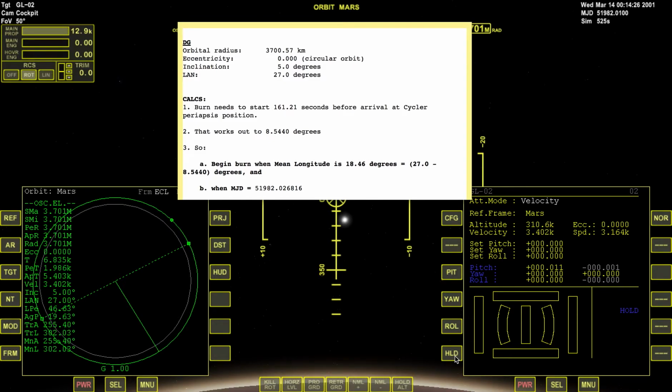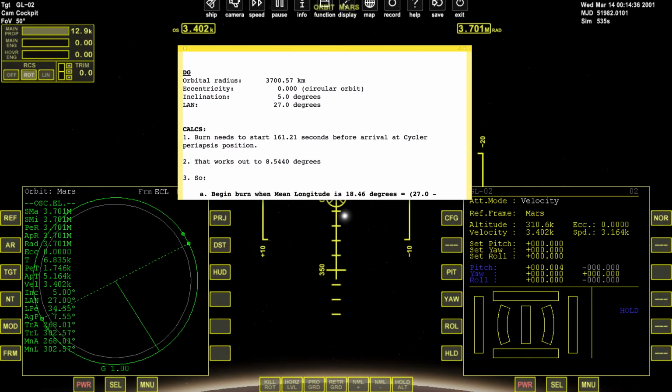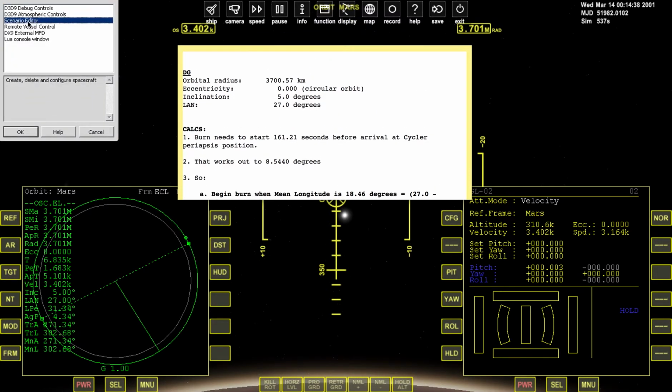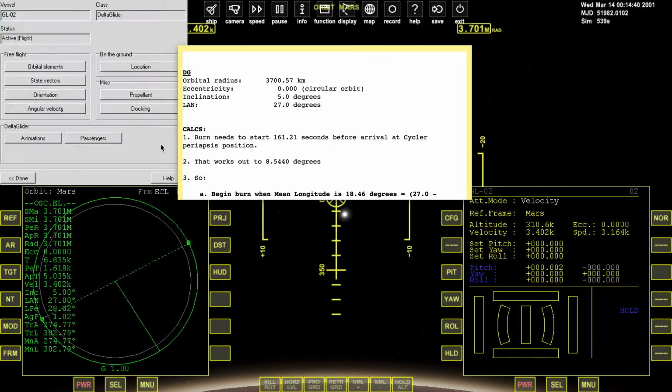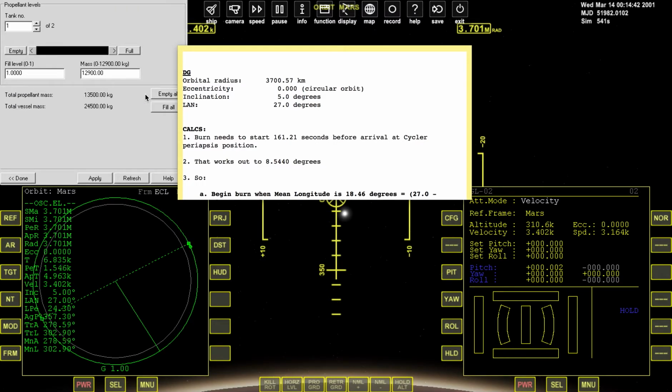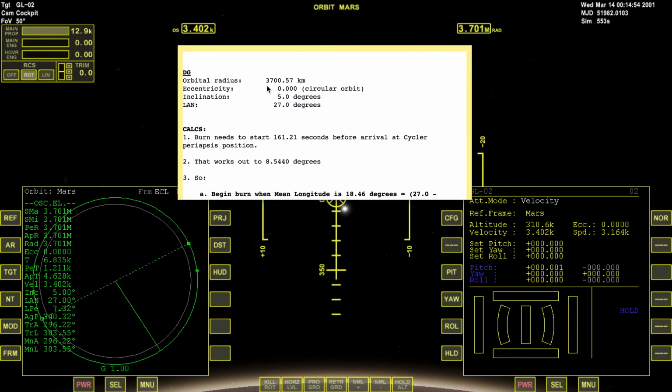We are pretty much there already, so it really isn't going to burn any fuel to maneuver into that orientation, so I don't really need to redo any calculations. Let's just double check using Scenario Editor that we do have a full tank, a full Delta glider. Yes, the mass of our vessel is 24,500 kilograms, which is what we require. That's all done.